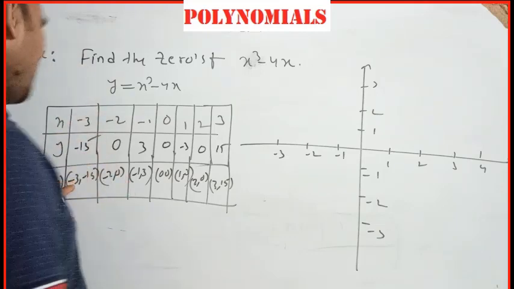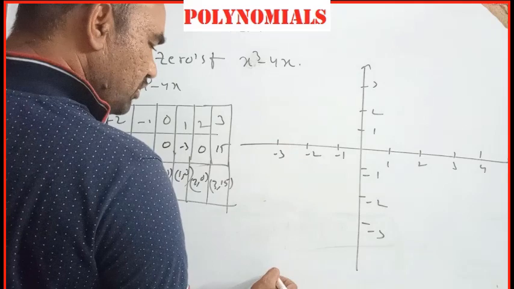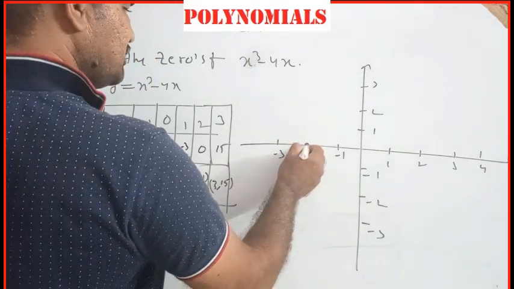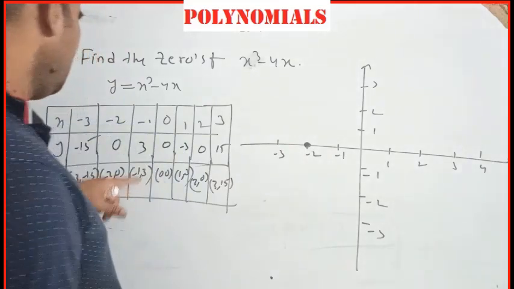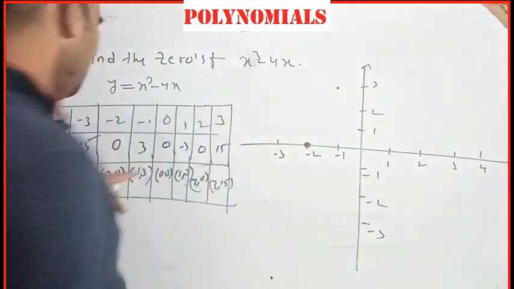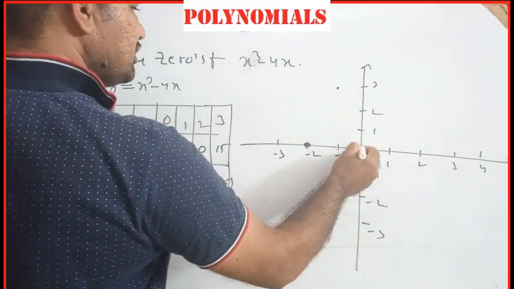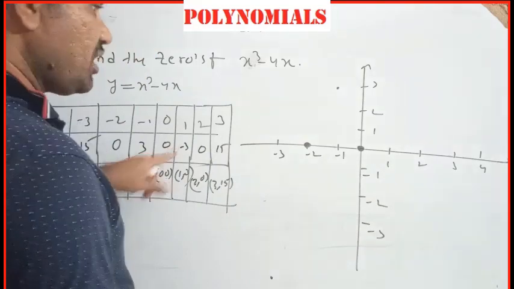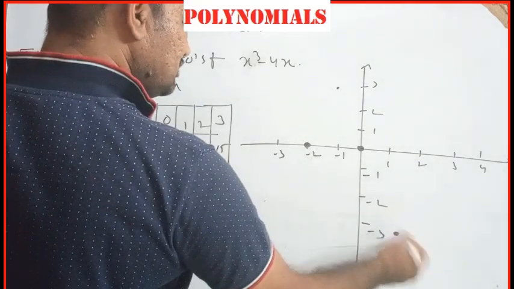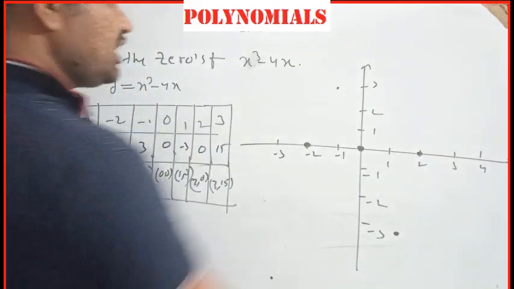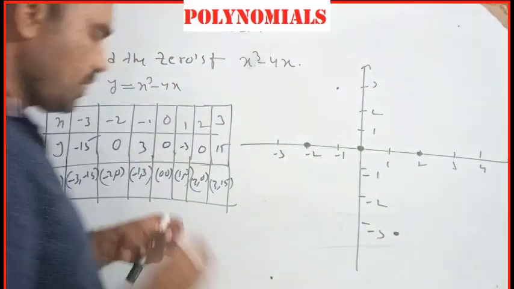Minus 3 comma minus 15 is somewhere down here. Minus 2 comma 0 here. Minus 1 comma 3 somewhere here. 0 comma 0 here. Sorry, 1 comma minus 3 here. Next 2 comma 0 here. 3 comma 15 somewhere.